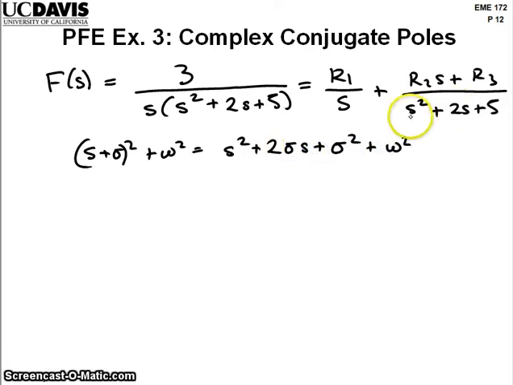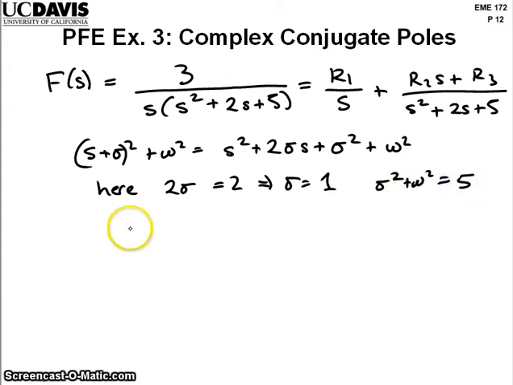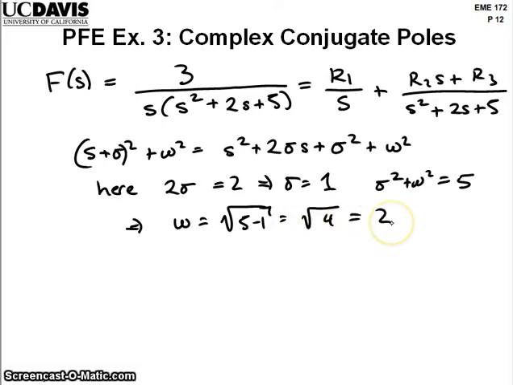And so if I look at the actual denominator that I have, I can see that here 2 sigma is equal to 2, so that means that sigma is equal to 1, and sigma squared plus omega squared is equal to 5, and so that gives me omega is equal to the square root of 5 minus 1, square root of 4, it's 2, okay?